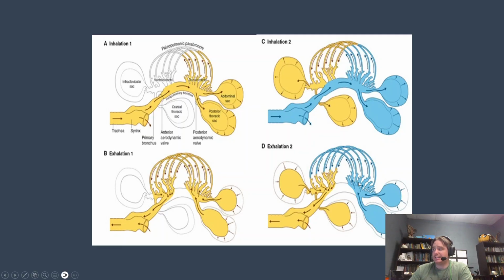And in the last exhalation, the air that was breathed in during the first inhalation is finally pushed completely out, and of course the inhalation from inhalation 2 starts. It moves along in the same exact pattern, and so you have this constant one-way flow of air through the respiratory system.